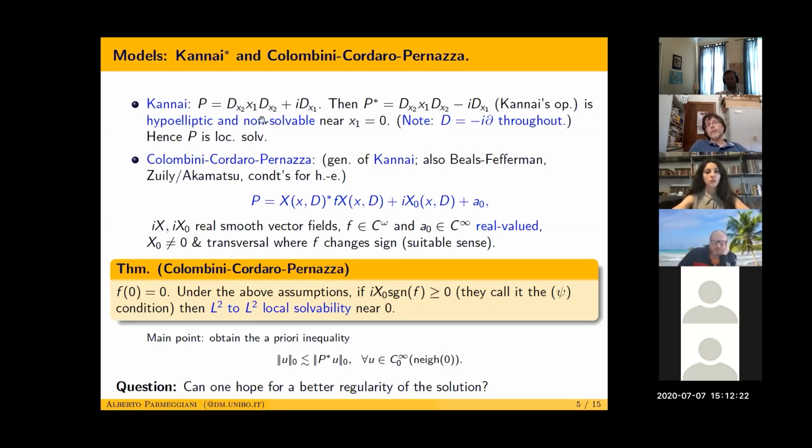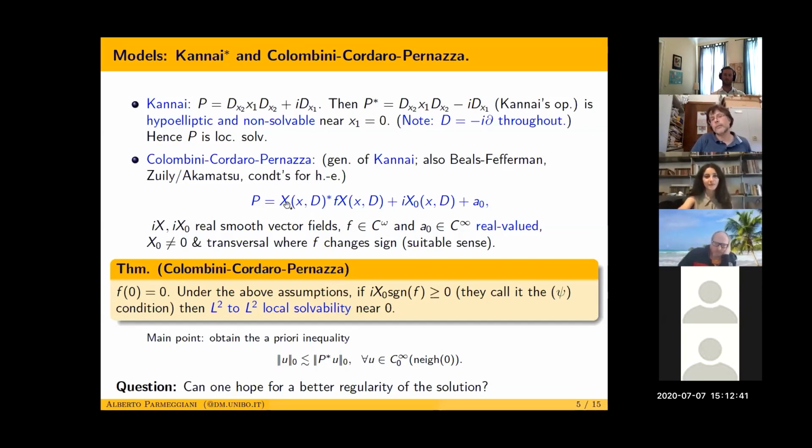So building on this example, Colombini, Cordaro, and Pernazza considered this operator here. We have a vector field. Actually, I'm going to call vector field something which is described using the capital D derivatives, that means the complex derivatives, but you are going to forgive me about that.